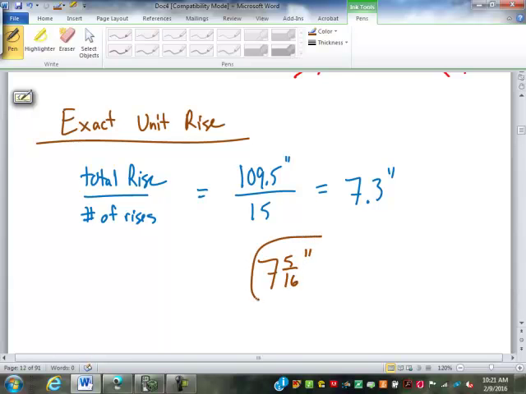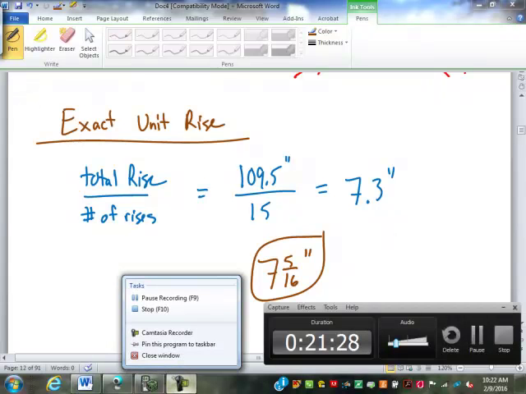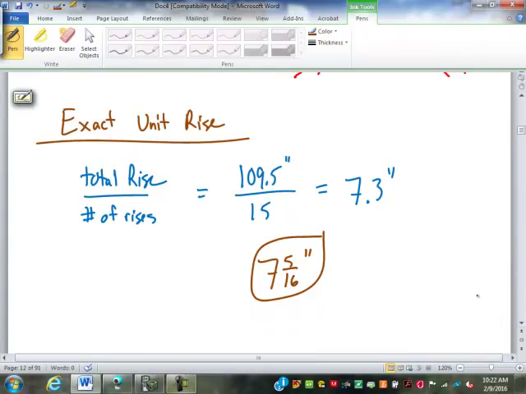Now I just said being off by a 1/16 of an inch is too much. Why did I only go to the 16th and not the 32nd? Well, going to the 16th, the furthest we can be off is half of the 16th or a 32nd of an inch. So hopefully we're not. It could be a problem. This one came out to be 4.8. So it's not a huge issue.